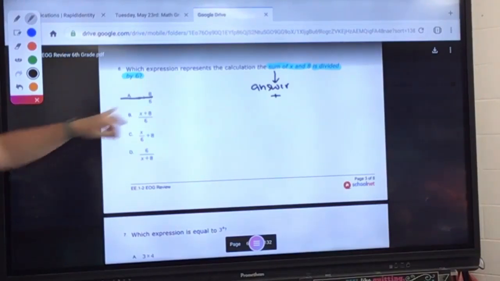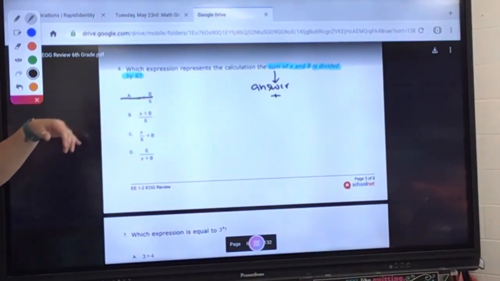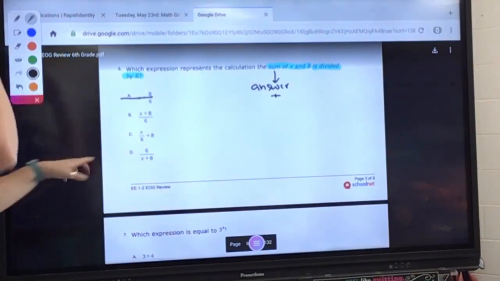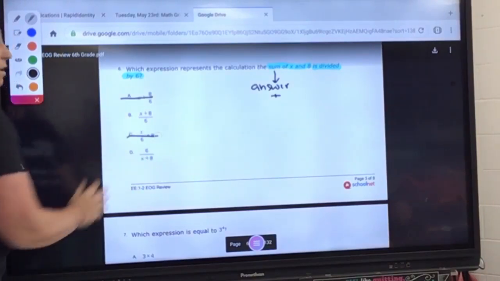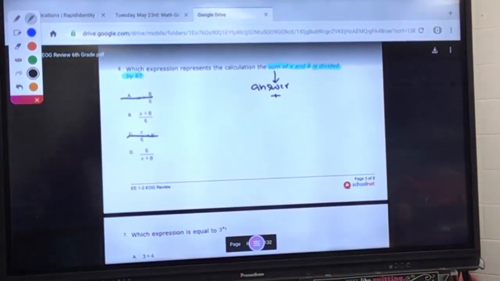Yes. And this is division, so don't forget that line is division. All right, can we get rid of C? Why? Levi? Right. All right, so now we're left with these two.